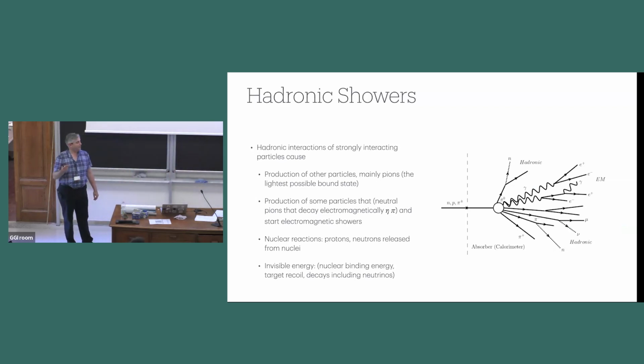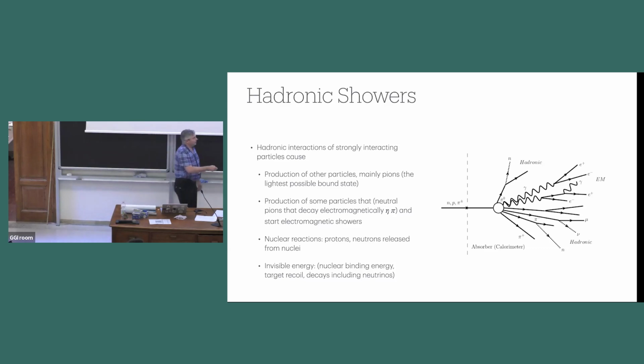But if you remember from your particle physics class, the neutral pion decays almost immediately into 2 photons, and that will start an electromagnetic shower, right? So there's going to be a component of this which is the hadronic interactions, and interactions of those are going to be important, but intrinsically in every hadronic shower, there's also a component that's going to have an electromagnetic shower from the decay of those pi zeros that are produced.